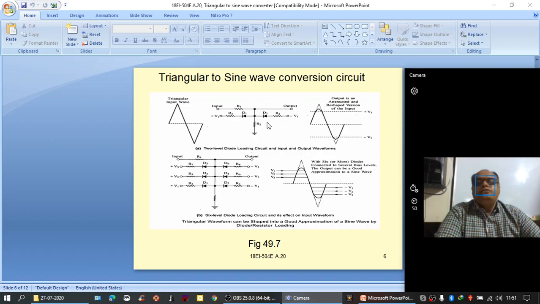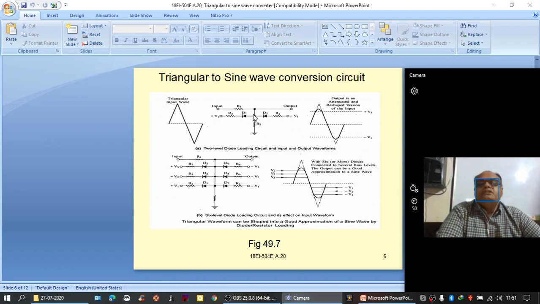till that potential at which the cathode voltage of diode D3 is lesser than the voltage minus V1. As you can see here, the capacitor voltage or the triangular wave output is gradually decreasing, and it has become negative and still it is decreasing.